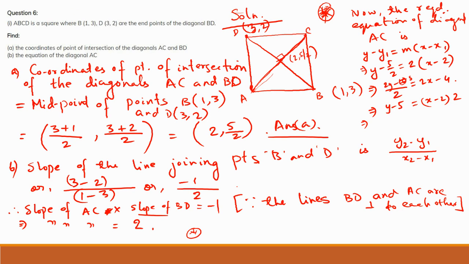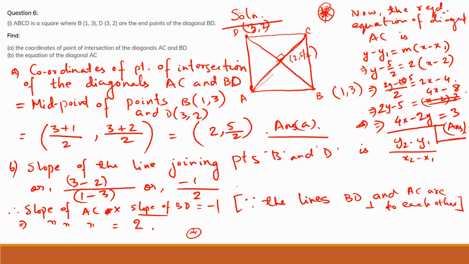It is 2y minus 5, right? Sorry for it. It's a silly mistake. So this is 2y minus 5. This is 2x minus 4. So 2 times 2x is 4x, and 4 times 2 is 8. Here it will be 4x minus 2y equals, if 8 goes to the other side, 3. So this is the answer.